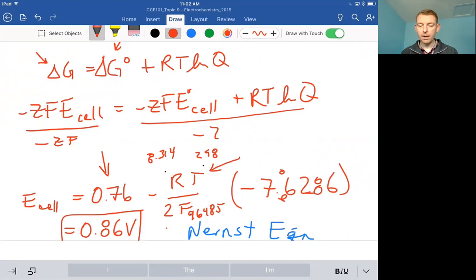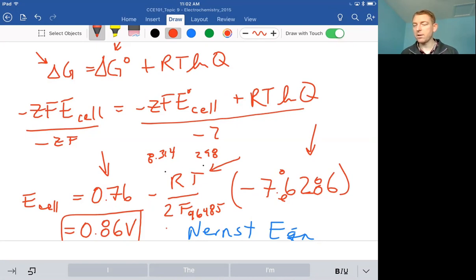And the trickiest part is going to be finding the value for Q, but again, use the lessons that we've been applying since really last term, and you should be able to get that part too. Everything else you've seen before in Gibbs, it's all laid out exactly the same way. It will give you some adjustment away from the standard cell potential. Whether it's going to be towards more potential or less is really going to depend on the concentration balance of the reactants and the products.